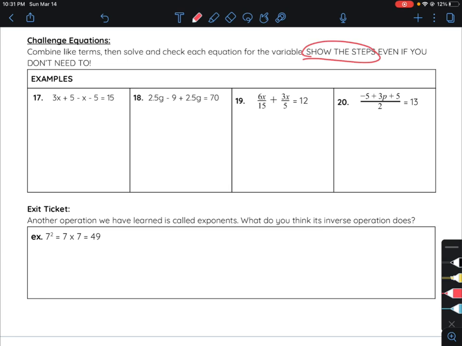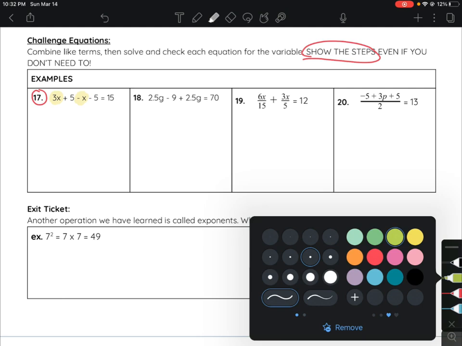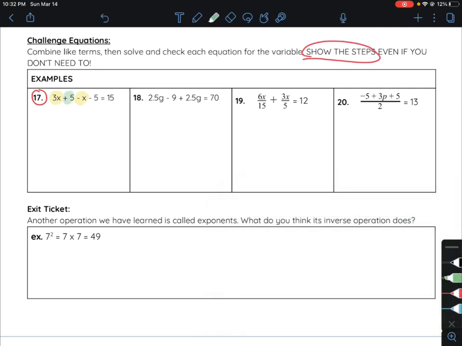Let's take a look at number 17. So in number 17, I see that we need to combine like terms because we have multiple terms with x's, and then we have some other terms that are just constants. So let's combine them. A 3x minus an x would be like 3 minus 1, so 2x.